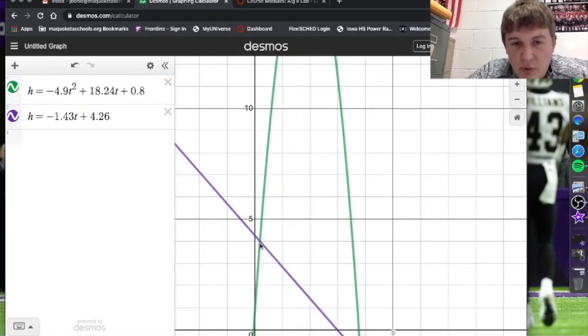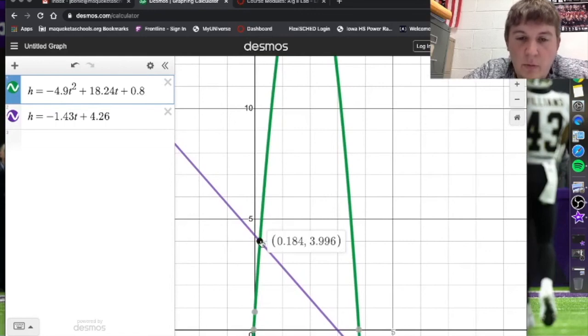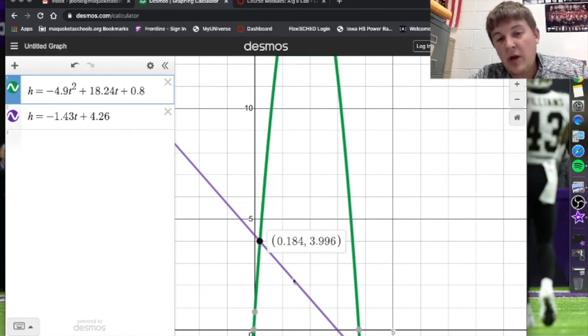So I'm looking at this point here at 0.184. After about 0.2 seconds, that ball appears to be about 4 meters off the ground, and that's where the player's hands are. We imagine the ball going up and this guy's hands going up, and they meet here at about 4 meters off the ground.